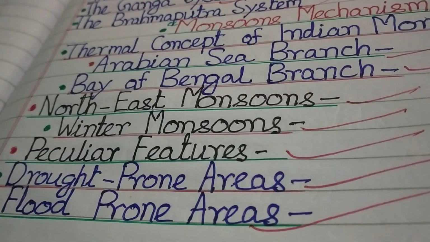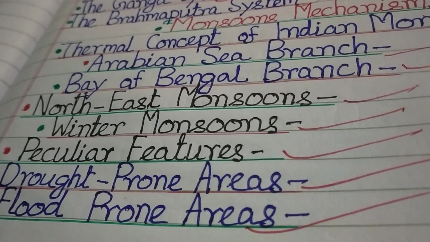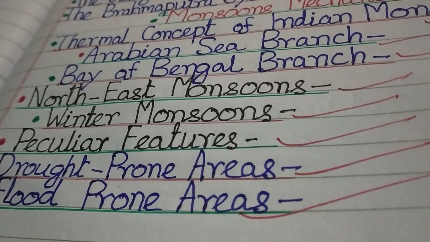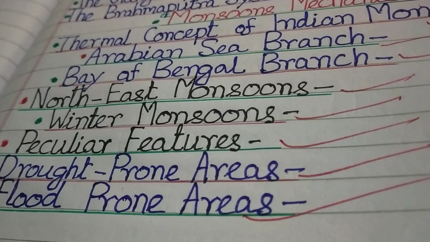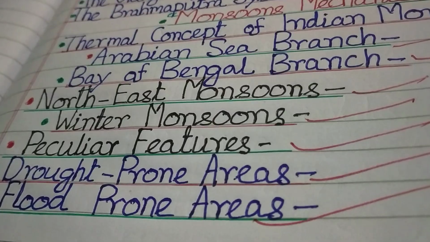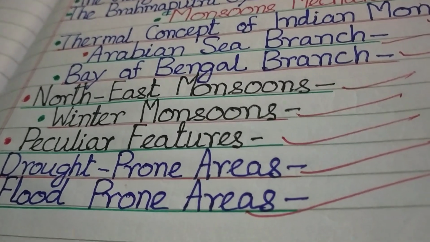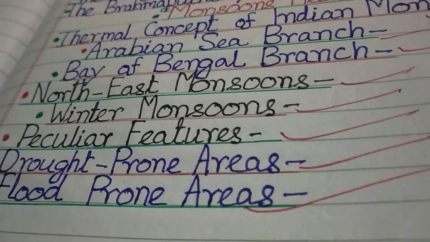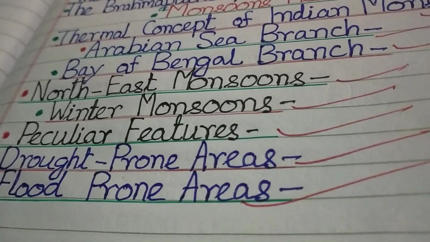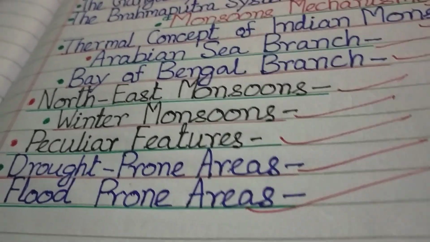The monsoon precipitation over India is characterized by great spatial inequality. While certain areas like the Western Ghats and the Northeast receive up to 400 centimeters of rain in a year, Western Rajasthan receives less than 10 centimeter rainfall.